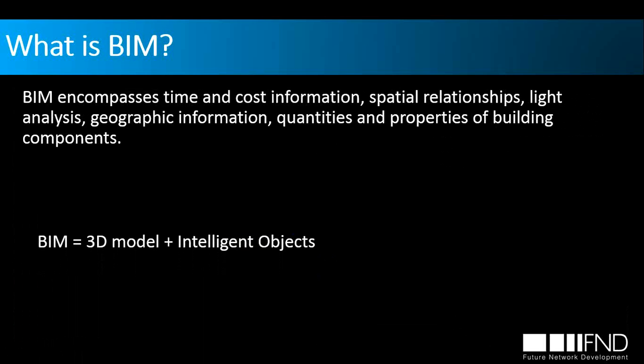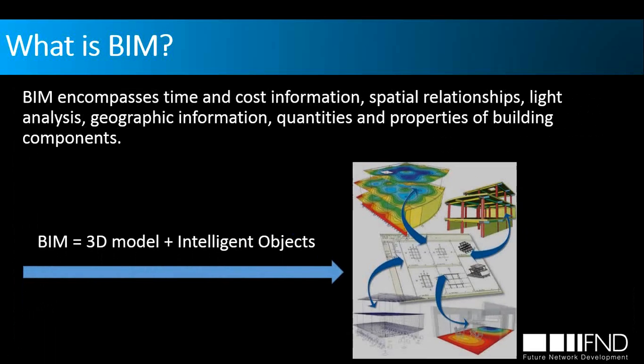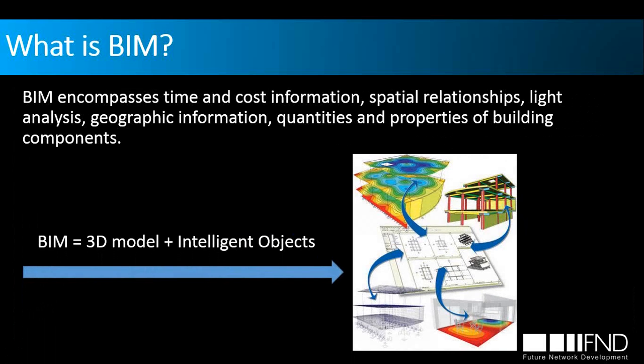Before, we were also using 3D models in our projects, but what makes BIM different is that in the model we are using intelligent objects. These intelligent objects give us different kinds of information, such as time and cost information, spatial relationships, light analysis, geographical information, quantities and the properties of building components.